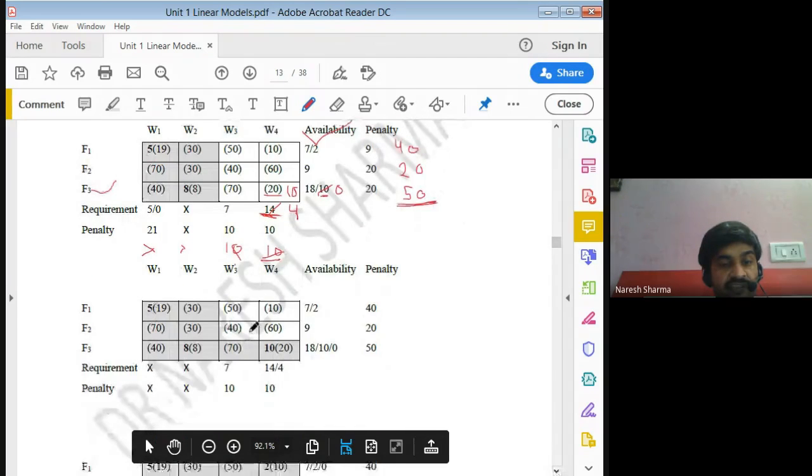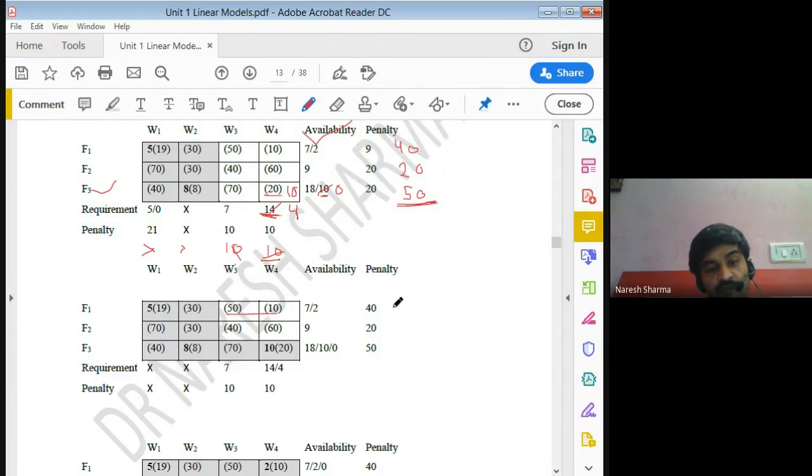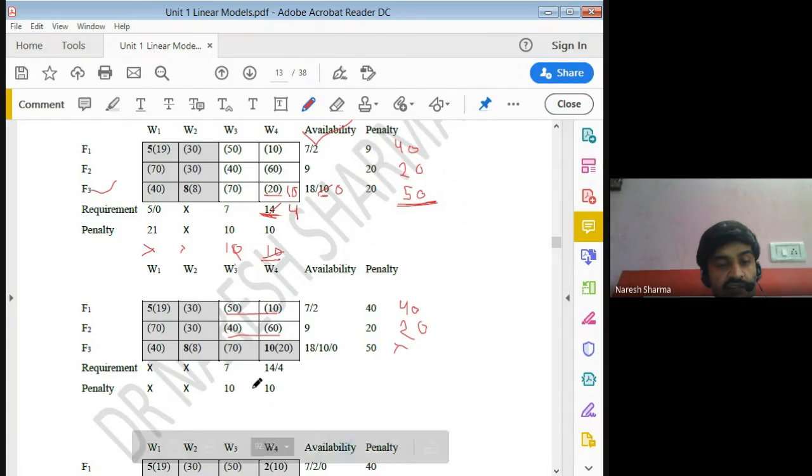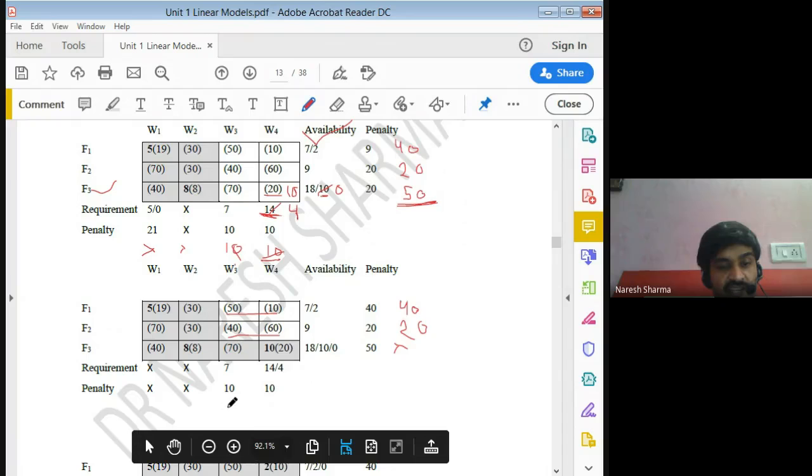Now we are left with this one only. Now again calculate your penalty for this. The penalty for these two is 40. The difference between these two is your 20. And this we already cross. So here the difference is 10. And here 60 minus 10 difference is your 50.